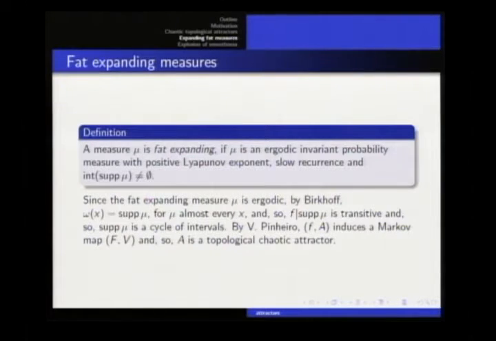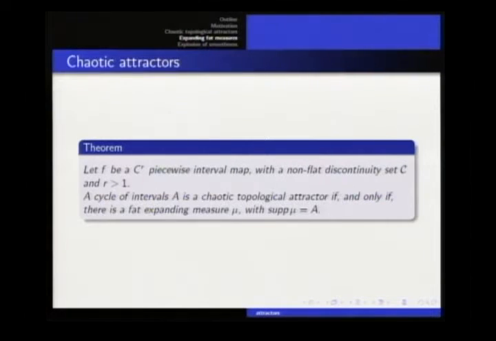And so we define a fat expanding measure as being an ergodic invariant measure with a positive Lyapunov exponent, with slow recurrence, so the usual ingredients, and the interior of its support being different from 0. So if we have one of these fat expanding measures, we get that A is a topological chaotic attractor, and we also have the converse result.